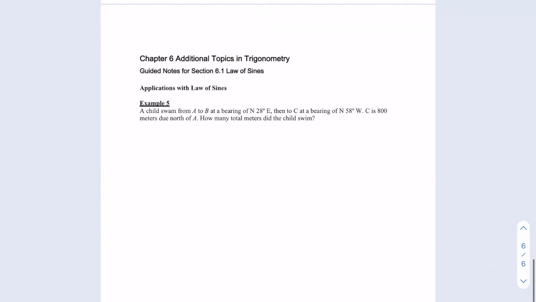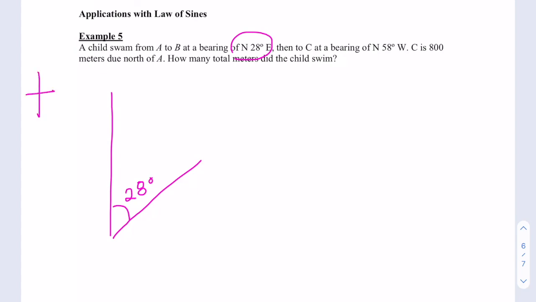Now let's consider a word problem and going back to bearings. So remember, for these, we want to make sure we draw a picture. But we have a child swimming, maybe they're in the junior lifeguard program at the beach. So we have this angle is going to be north 28 east. So that's 28 degrees. Remember, we're going north, south, east, west.